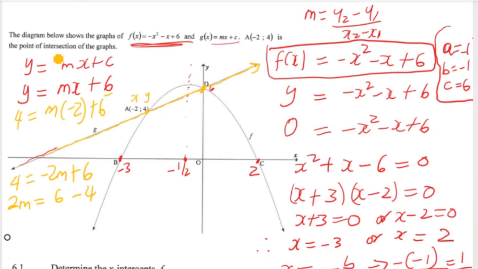So my 2m is equal to 6 minus 4, which is 2. So my gradient is just equal to 1. Okay, so now you've got your 1, so you go and substitute it here. Therefore, the equation of your straight line is y is equal to 1x plus 6. We don't like to see a coefficient of 1.